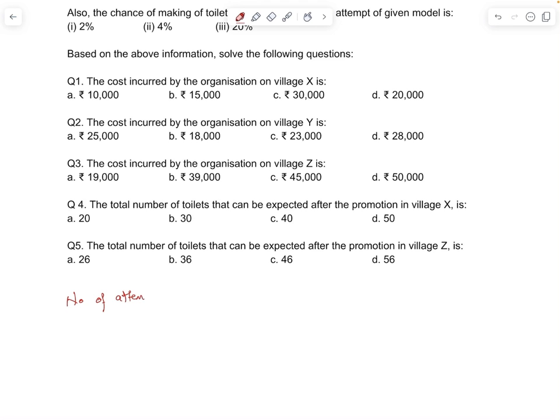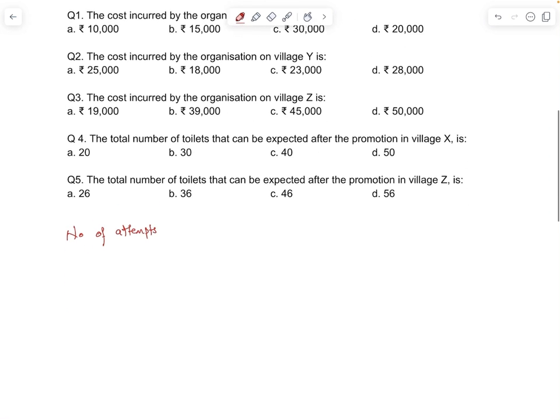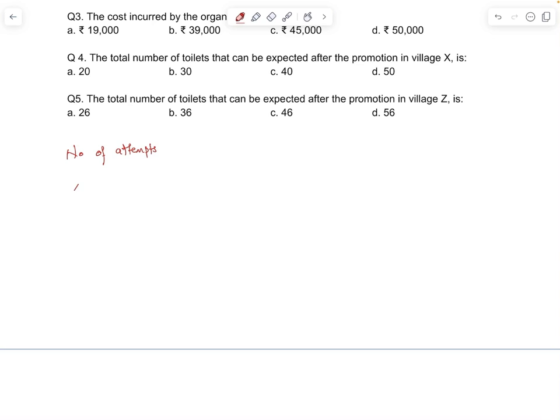Number of attempts is 400, 300, and 100. This is for village X. 300, 250, and 75.